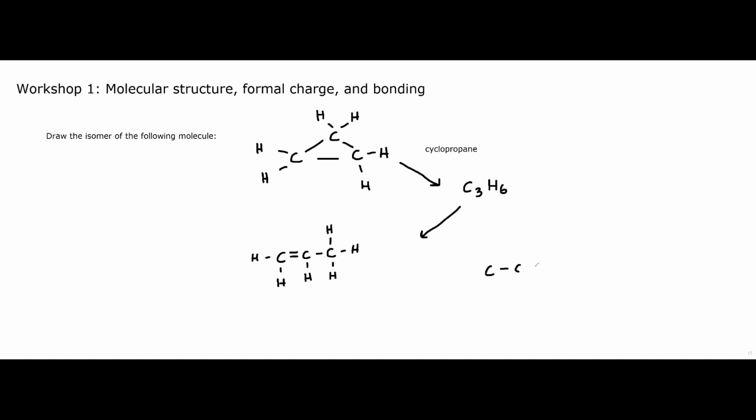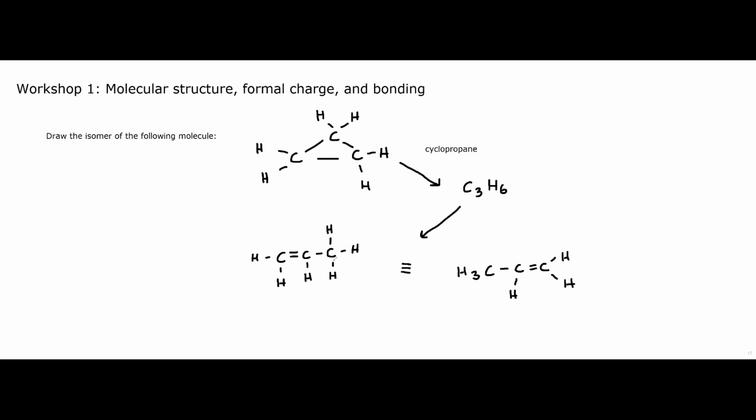What if we went like this, put a double bond on the right side? That would be the exact same thing. We have a carbon with 2 hydrogens, double bonded to a carbon with 1 hydrogen, single bonded to a methyl group, a CH3. So these are the same molecules.